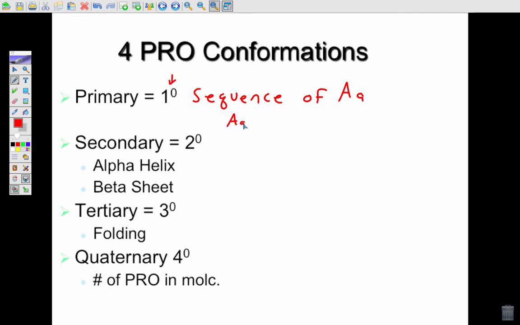So you have amino acid 1, peptide bonded to amino acid 2, which is bonded to amino acid 3, to amino acid n, because many proteins have thousands and thousands of amino acids. Some only have a few amino acids. But the primary sequence for proteins is simply the sequence of amino acids.